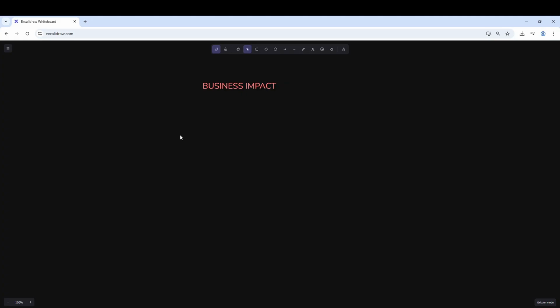Now, the real damage starts. Users make decisions on wrong data. Orders are placed incorrectly. Payments are retried unnecessarily.